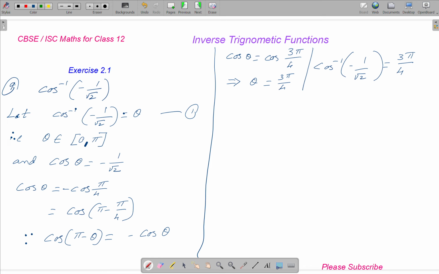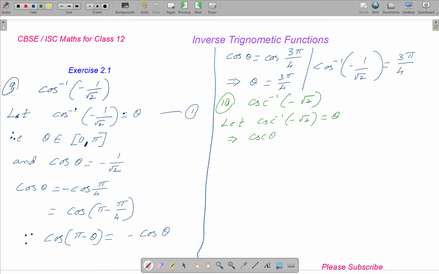Now question number 10. Cosec inverse minus root 2. Let cosec inverse minus root 2 is equal to theta.